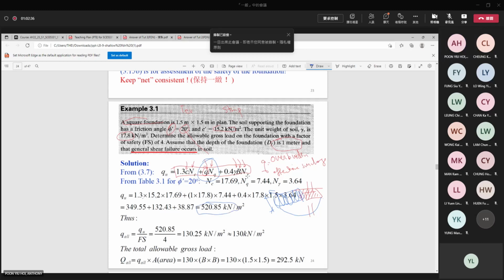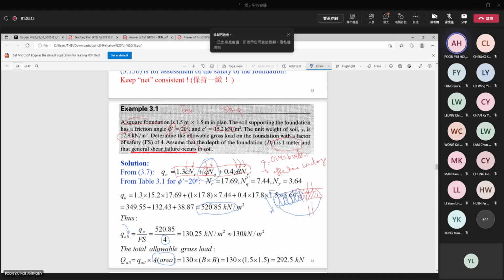soil. And if the factor of safety is 4, we can calculate the allowable bearing capacity of the soil. So this is the allowable, the actual loading we can apply. From here, if we know the area of the foundation, then we can calculate the force.